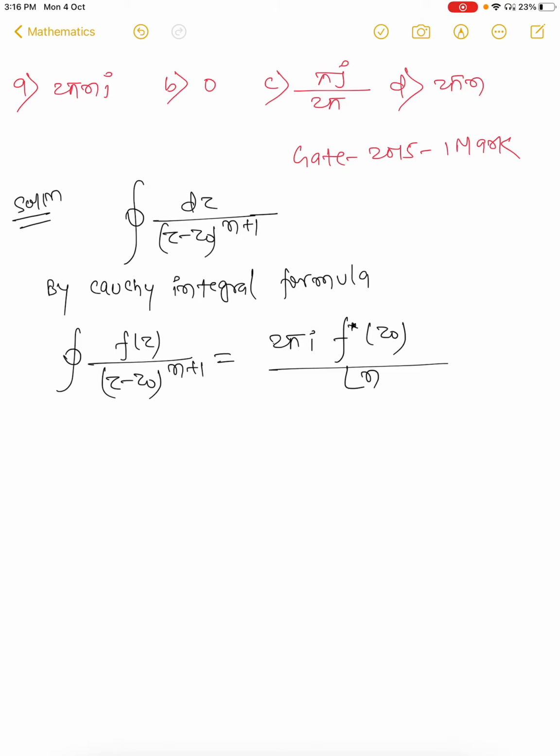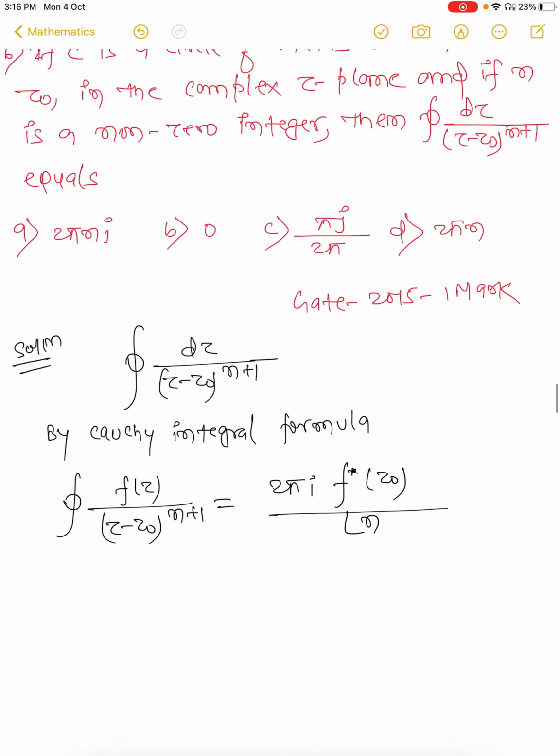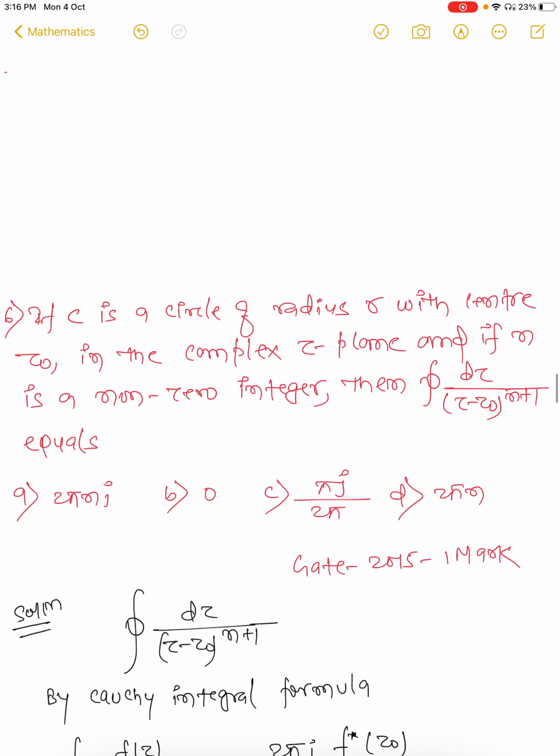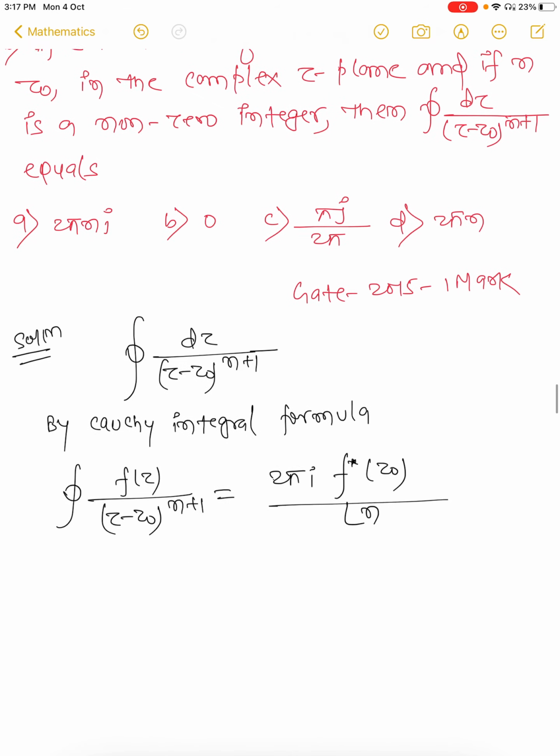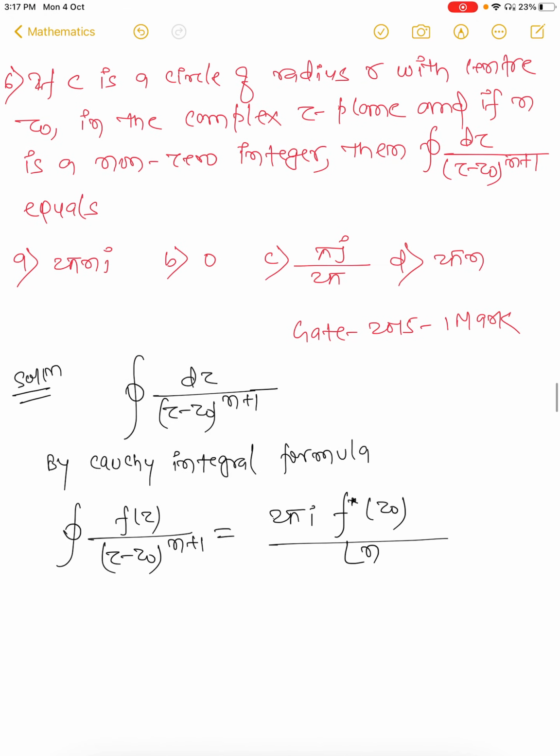Above, f(z) is given as 1. And the question is, the circle of radius r with center z0, the complex z plane, and n a non-zero integer.